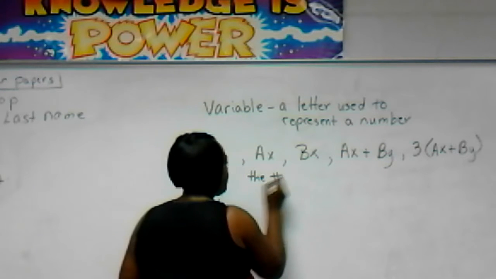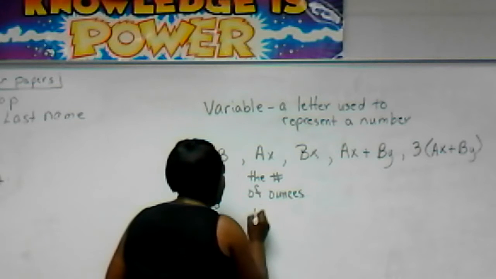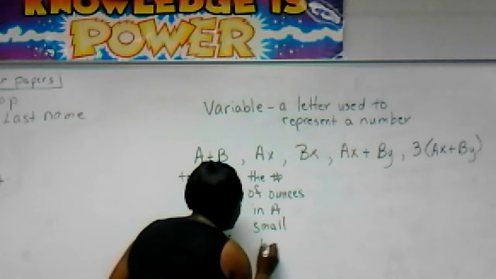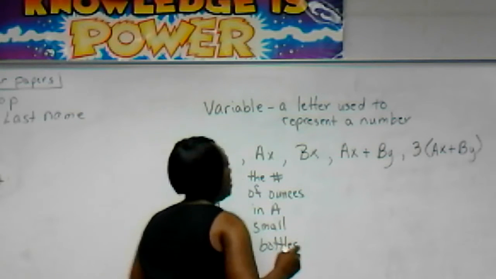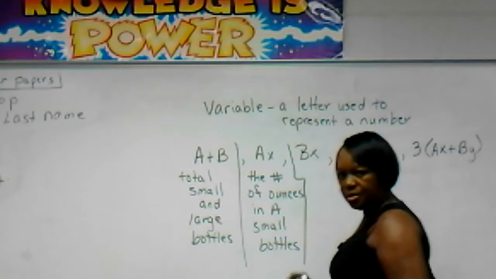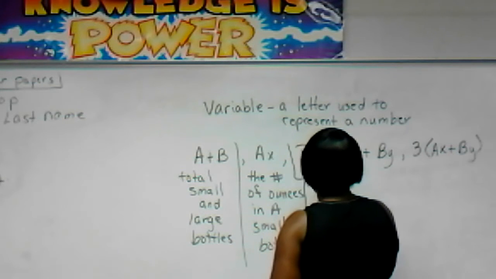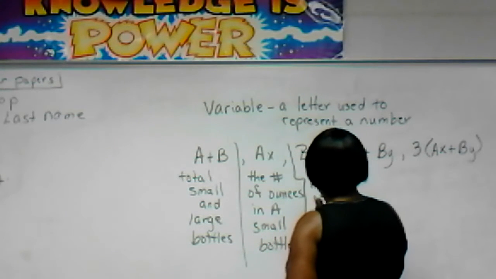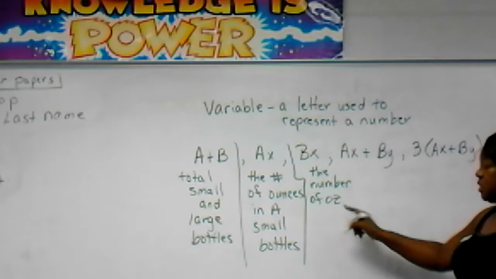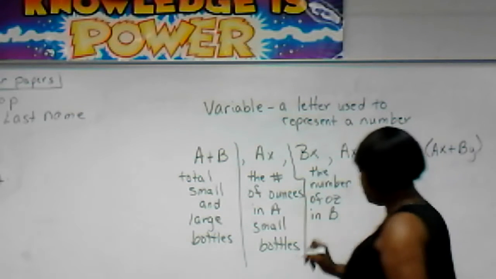So the number of ounces in A small bottles. BX then has to be what? The number of ounces in B small bottles. And I'm going to abbreviate ounces, OZ, in, make that large bottles.